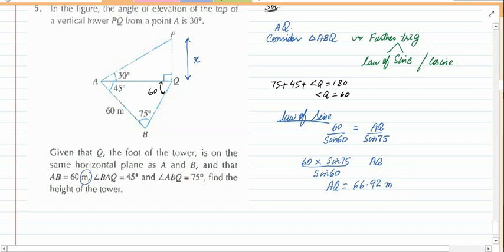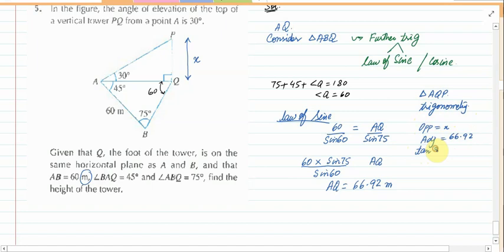Once you have the value of AQ, now we need to consider the triangle AQP, right? So in AQP now we can apply trigonometry here because it is a right angle triangle. So opposite is x, that is unknown, and adjacent is 66.92. Opposite and adjacent means we need to apply tan here.